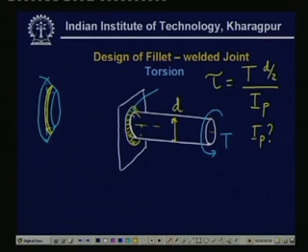So, therefore, we consider this entire welding to be a line element. That is, the thickness is so small that we consider it to have almost no width at all.